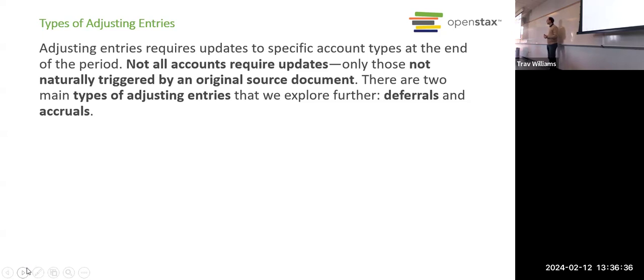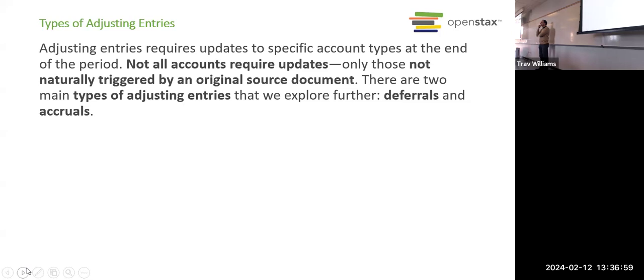Question? Yep. Is that deferral pretty much kind of like a prepaid entry? Oh, yes. Yeah, you could look at it that way. Or unearned expense actually. Yeah, so a deferred expense would be one where we paid for it, but we haven't actually used it yet.